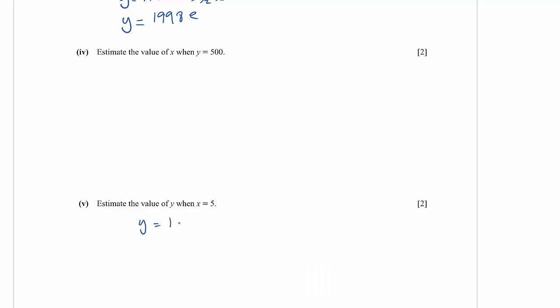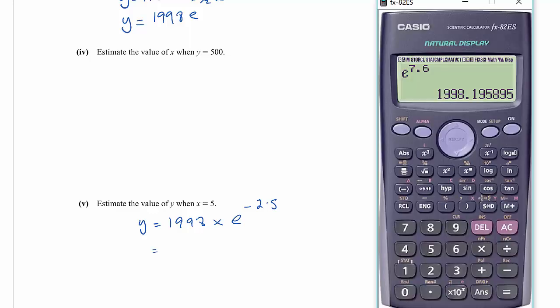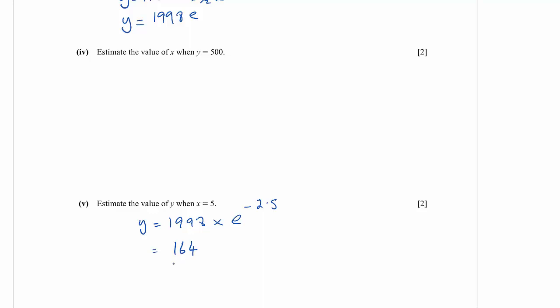So y is going to be 1998 multiplied by e to the negative 2.5, half of 5. So 1998 times e to the negative 2.5. That's 164.0. Let's just say approximately 164.